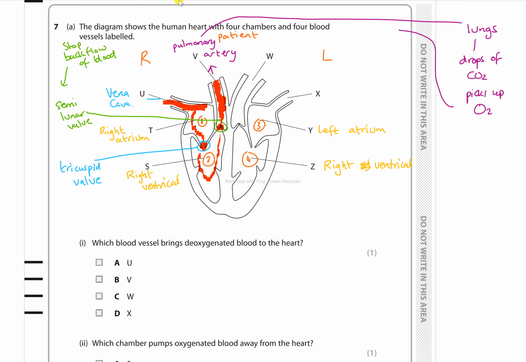Then it's going to come back down here. Let's carry on our journey in a different color. So it goes into this, and that there is the pulmonary vein.